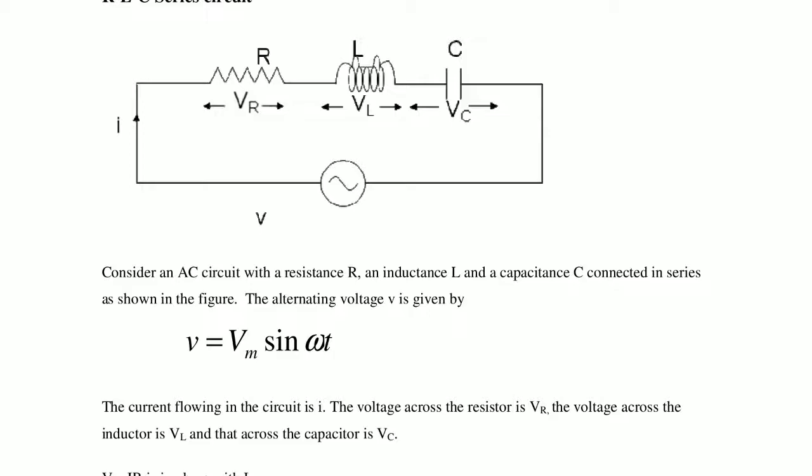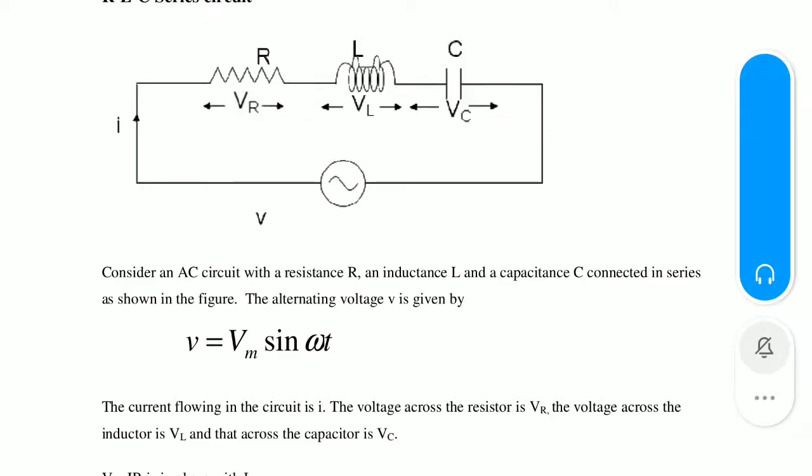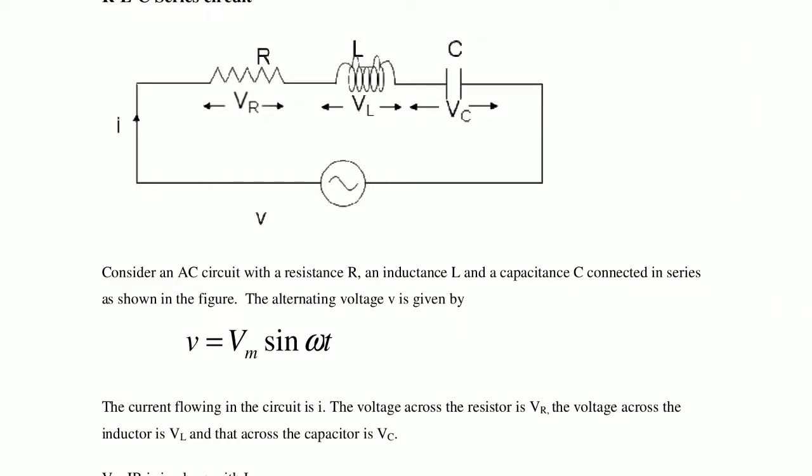Now the voltage across the capacitor. Current I is flowing, and here C is the capacitance, it is in farad. So the voltage across the capacitor VC is equal to I into C is not correct.